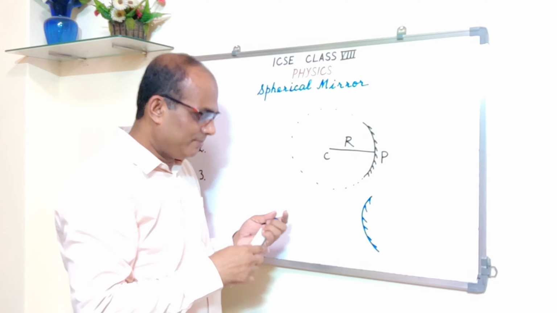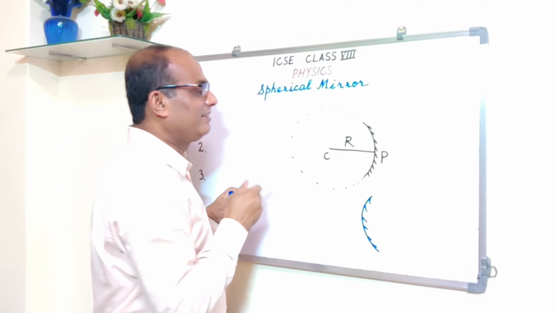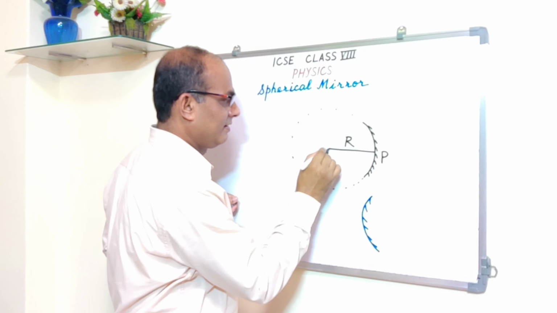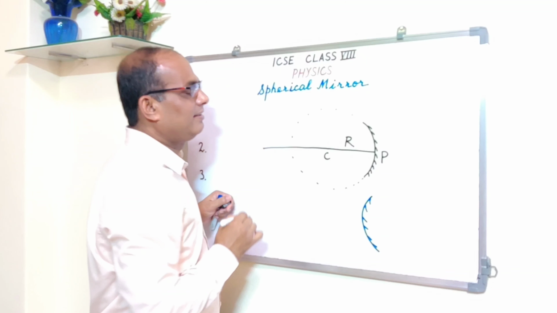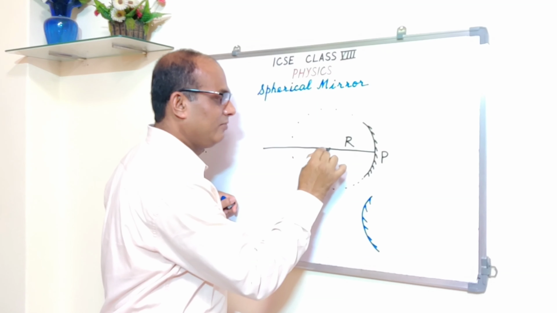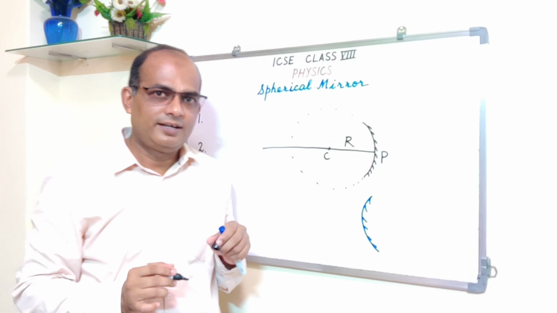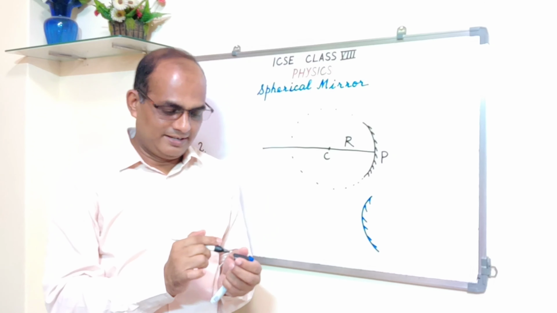This line is called the principal axis. We can extend this. This is our principal axis, and of course this is C, the center of curvature. So principal axis is done.